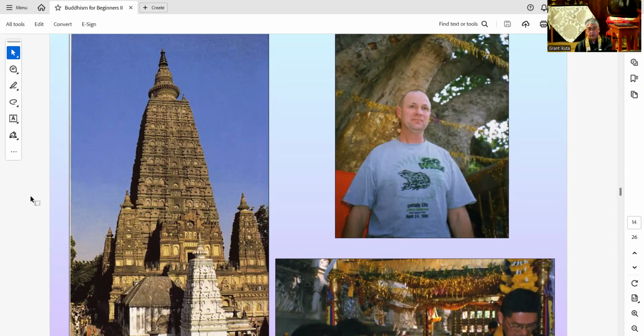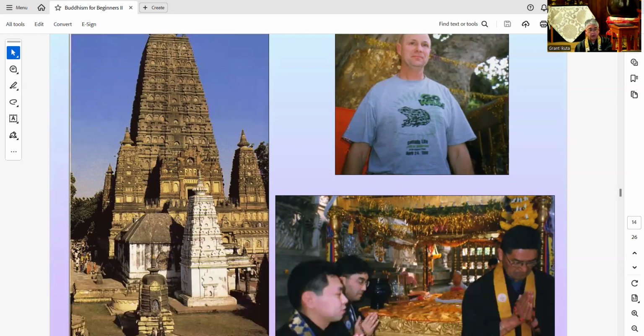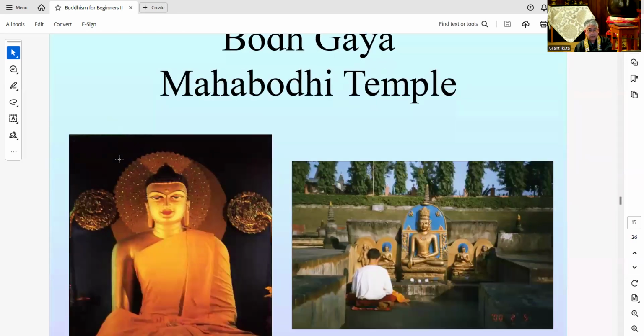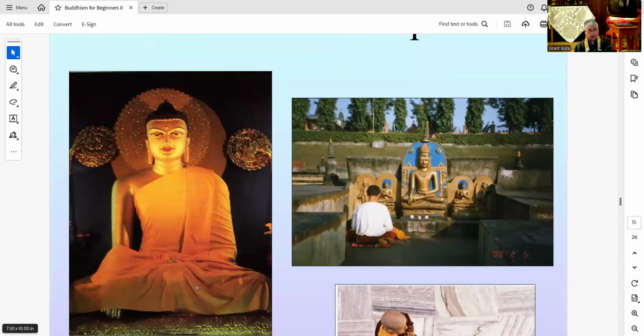But what's interesting about Buddha Gaya, it's said that just near Buddha Gaya is where Siddhartha attained enlightenment, in the river after receiving the rice porridge from the maiden Sujata. In the center you have this Mahabodhi temple, and this is the image inside the Mahabodhi temple.